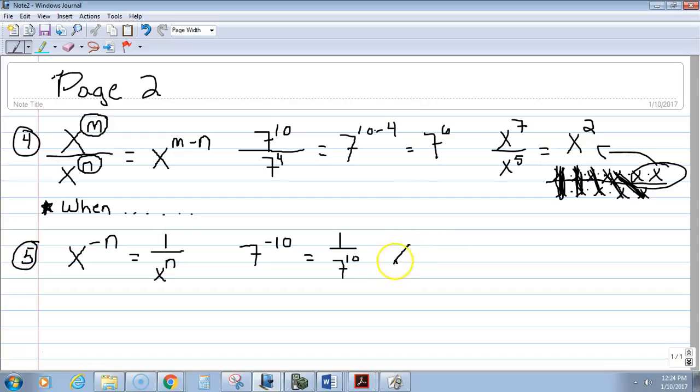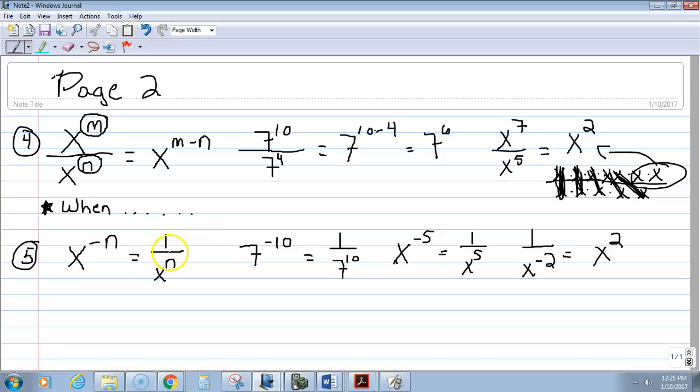not only does it work with x's, like we could have x to the negative 5th is equal to 1 over x to the 5th. It is also, what if I had 1 over x to the negative 2 power? If I move it to the numerator, it becomes positive.